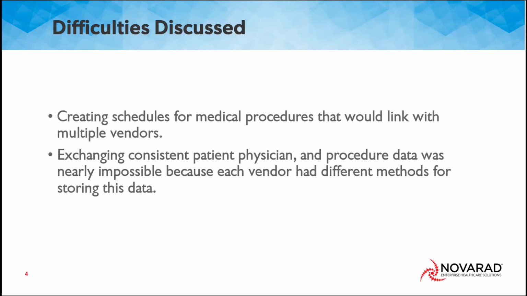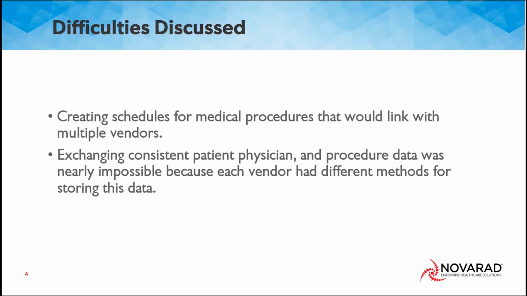One vendor might use middle names coupled with first names, and another vendor might put suffixes at the end of a last name. So Dr. Jones would be "Jones Doctor" in their software or something to that nature. There were a lot of things that had to be overcome in order to share data between vendors.